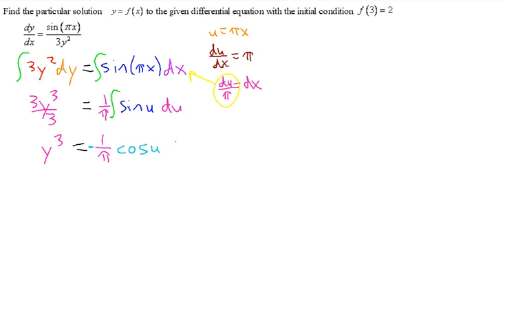And then plus c. But since we used u substitution, we want it back in terms of the original variable, so substitute the pi x back in there. So now I've got y cubed equals negative 1 over pi times the cosine of pi x plus c.